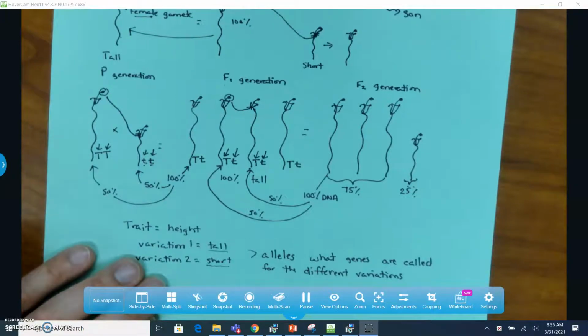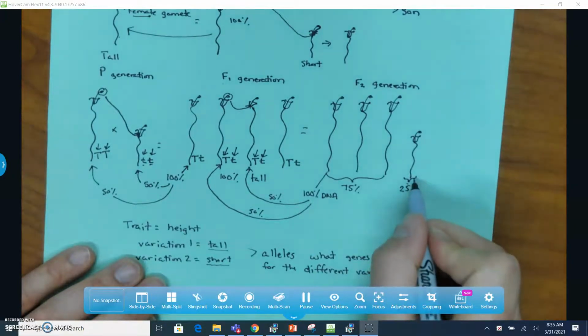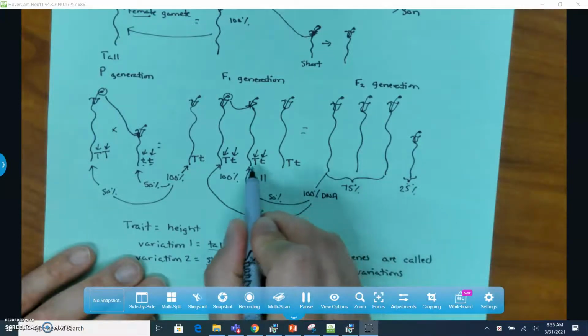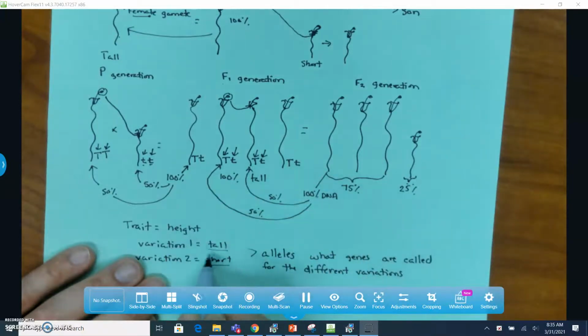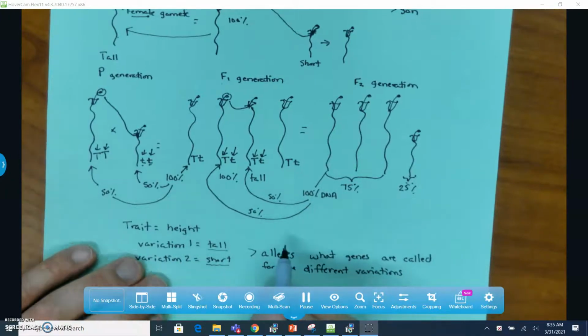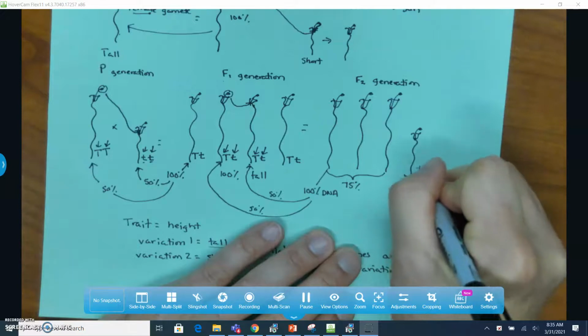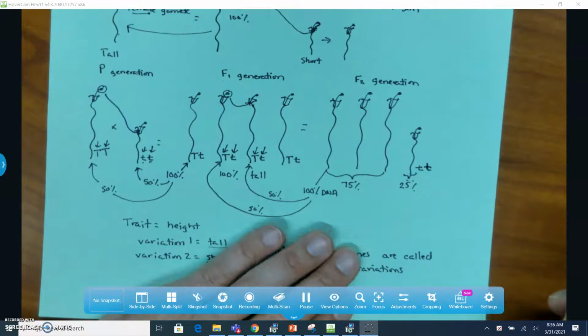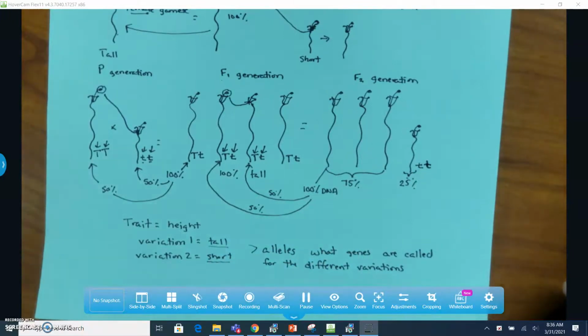What we know is that the short plant could not possibly have had an uppercase T for the tall variation, because if it did, it would have been tall. So we knew that this plant did not have an uppercase T. It only had two lowercase t's.